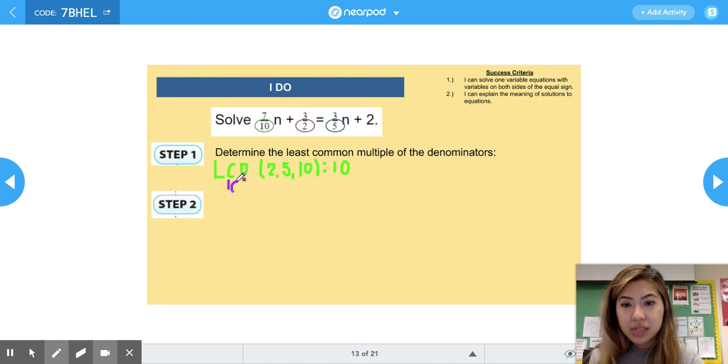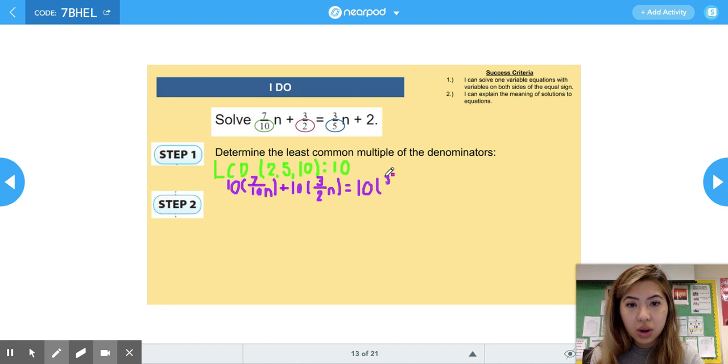So we have 10 times 7 over 10n plus 10 times 3 over 2 is equal to 10 times 3 over 5n plus 10 times 2.